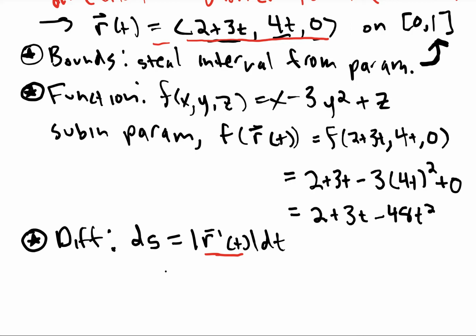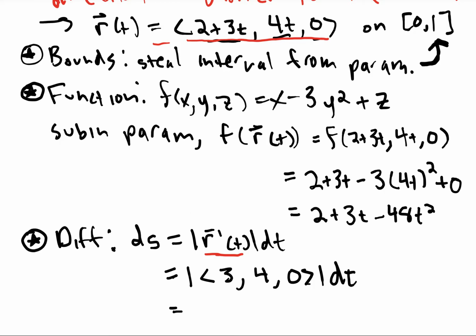If I go to plug and chug this here, the first thing that I will need to do is take the derivative of my parameterization. Your derivative of 2 plus 3t with respect to t, you'll just get a 3. Your derivative of 4t with respect to t, you will just get a 4. And your derivative of a constant is always 0, so we'll get a 0 on the end. So I need the magnitude of that with a dt slapped on the end.